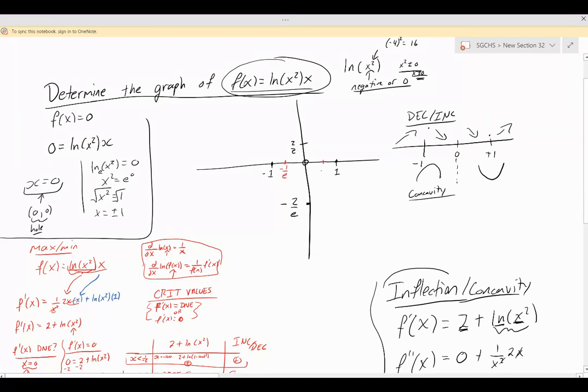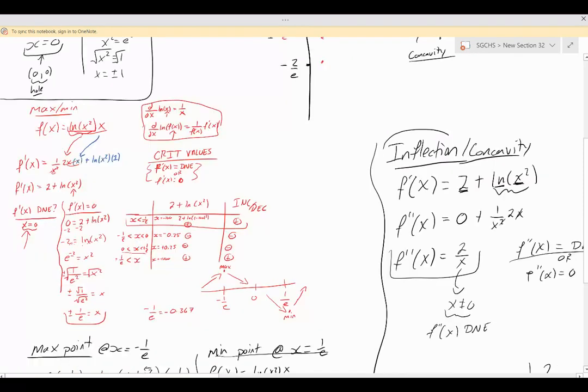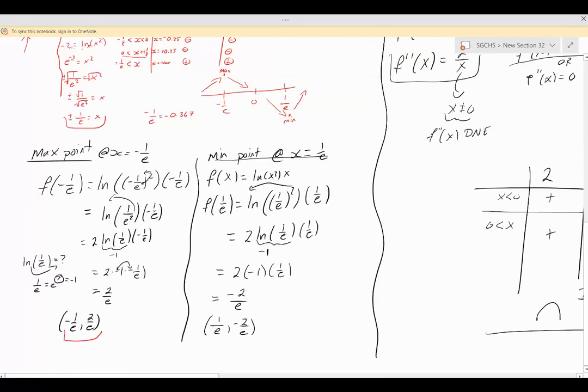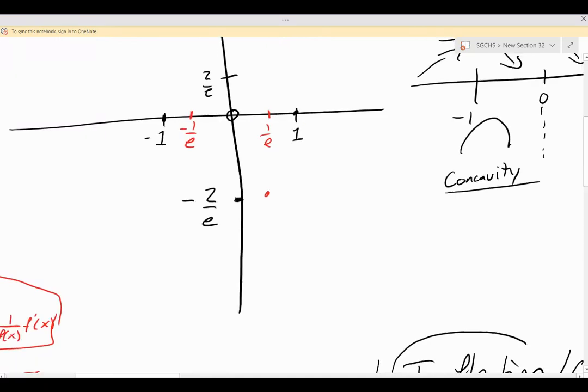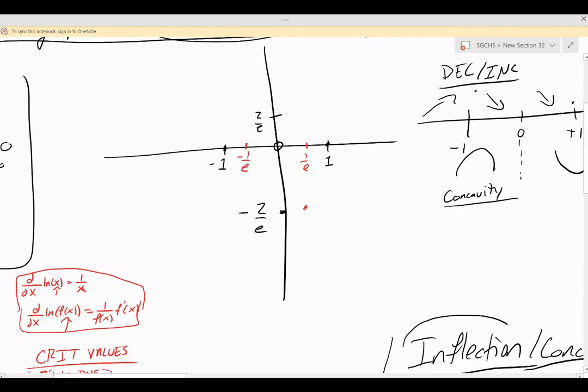This should be +1 over e, and we get it here. Okay, sorry about that. So when we graph these, now we can put everything together.